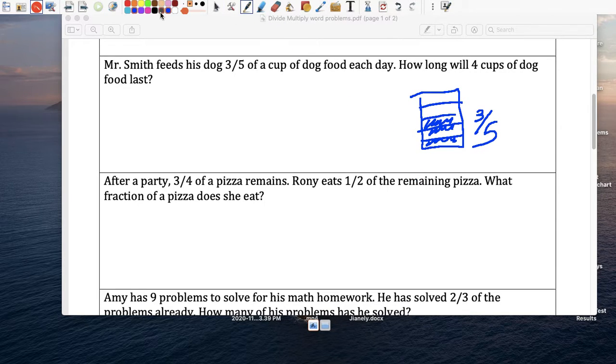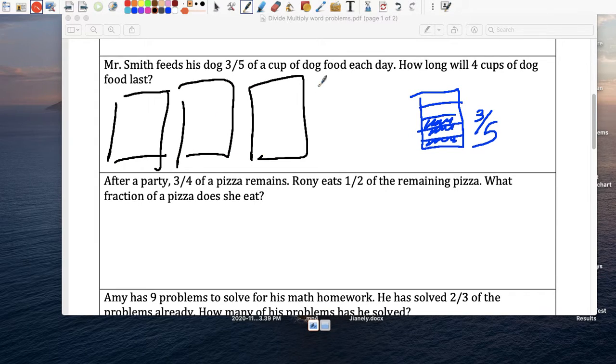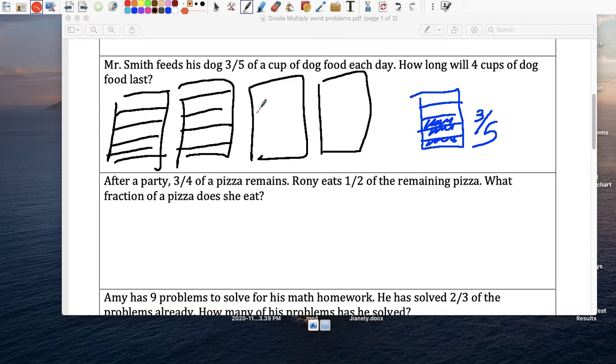So if you have 4 cups, let's imagine, tienes 4 vasos de comida. You have 4 cups of dog food.